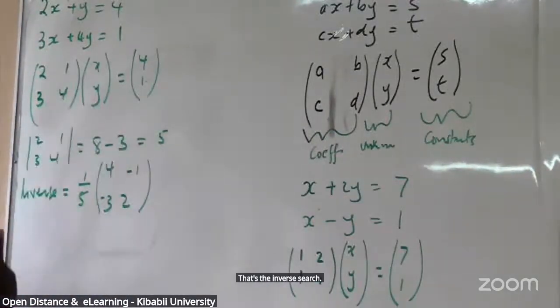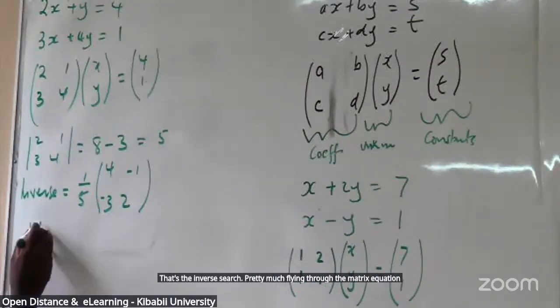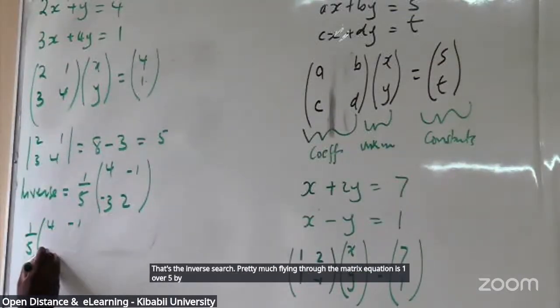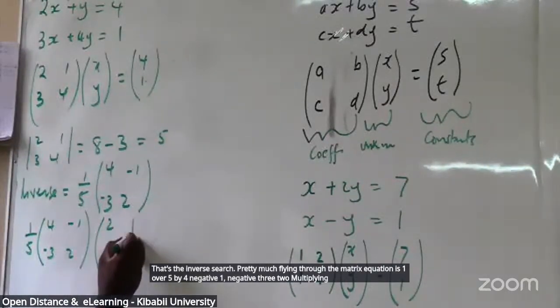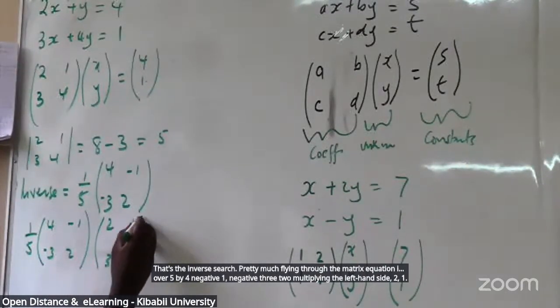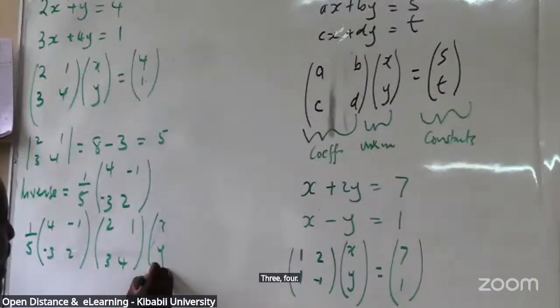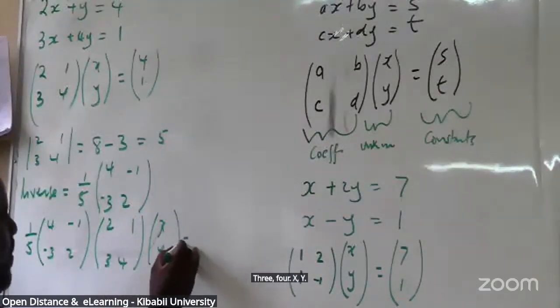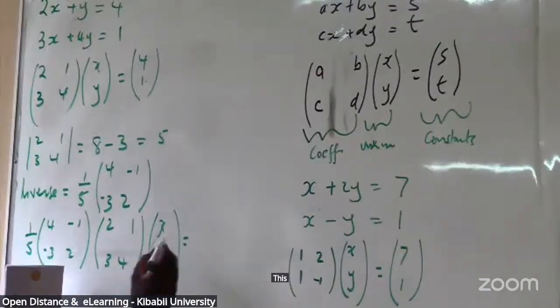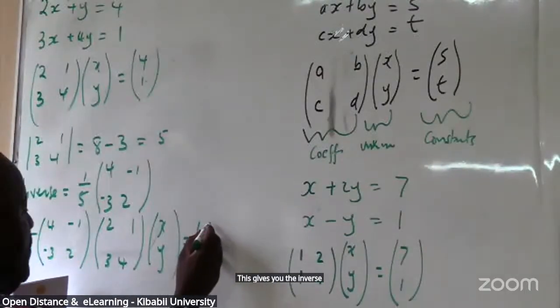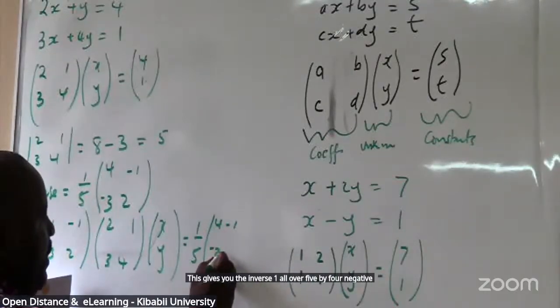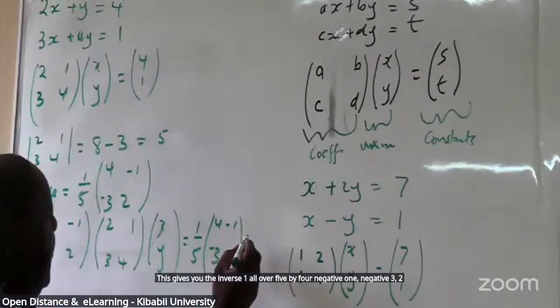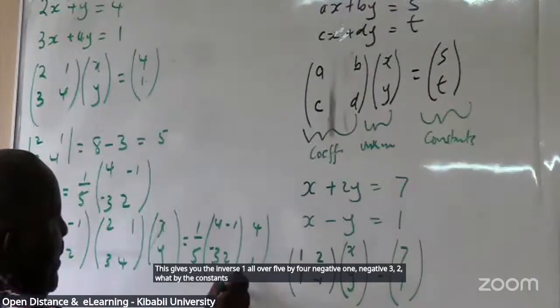Pre-multiplying through the matrix equation, 1 over 5 by 4, negative 1, negative 3, 2, multiplying the left-hand side, 2, 1, 3, 4, x, y. This gives you the inverse, 1 over 5 by 4, negative 1, negative 3, 2, multiplying the constants, 4, 1.